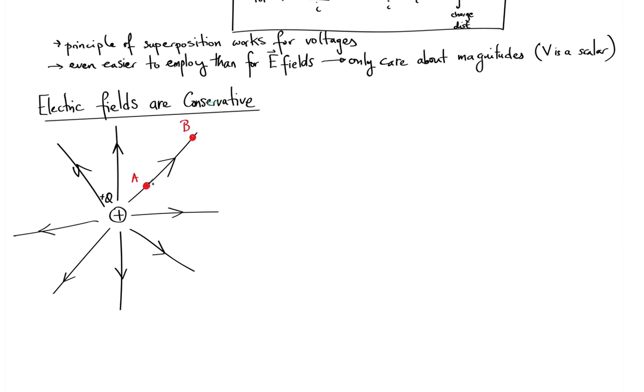And if it's conservative, it means that the work done by the electric field in moving a test charge from A to B along this line, so I'll call this path 1, would be the same as along a path like that, just some arbitrary curved path.